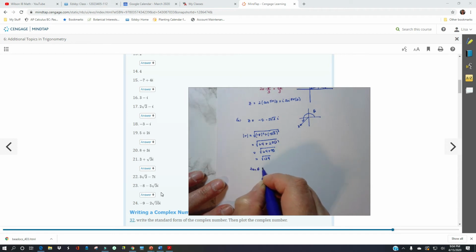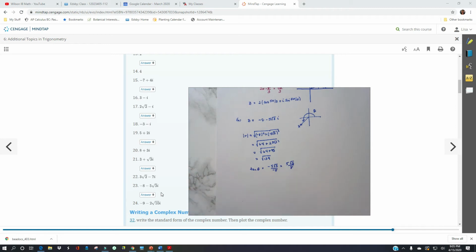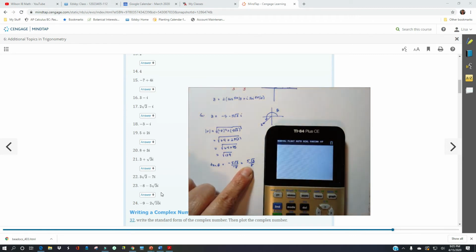So the tangent of theta is negative 5 root 3 over negative 8, which gives you a positive 5 root 3 over 8. So what you have to do here is, you know this is in quadrant 3. You're going to take out your calculator because you don't know what that angle is. Nobody does. So you're going to do the inverse tangent of 5 root 3 divided by 8.